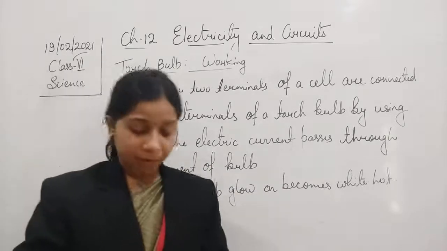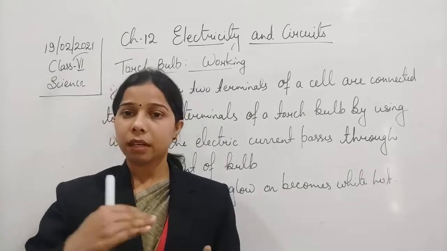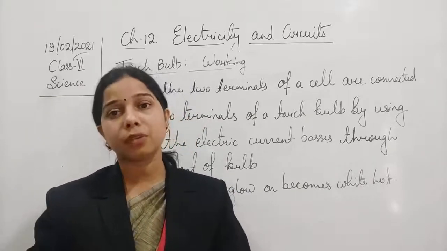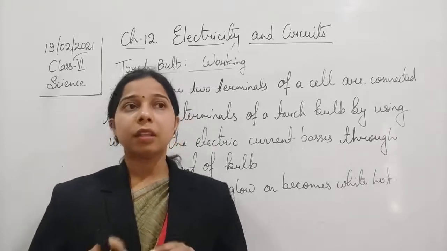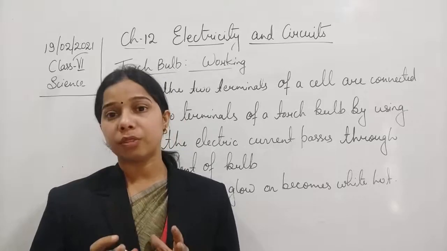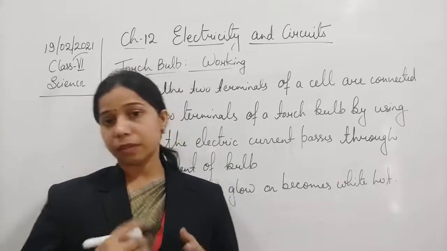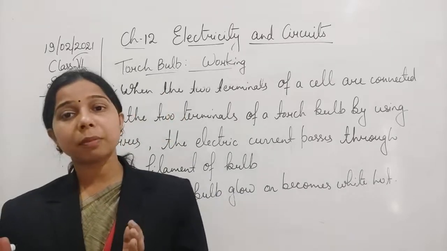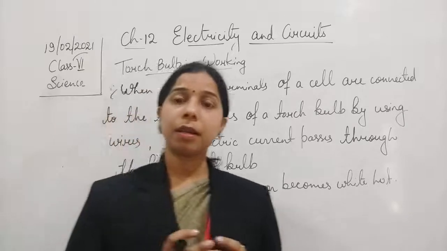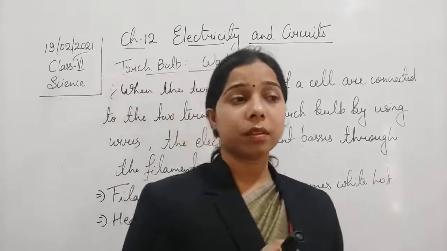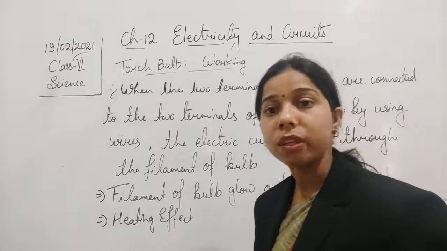Due to this continuous flow of electric current, the filament of the bulb becomes very hot, white hot, and starts producing light.